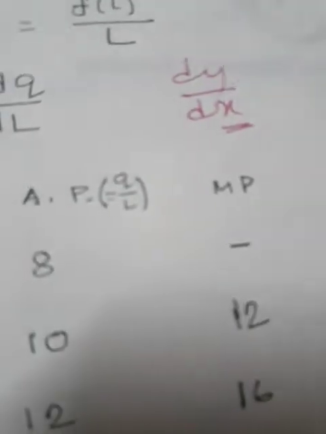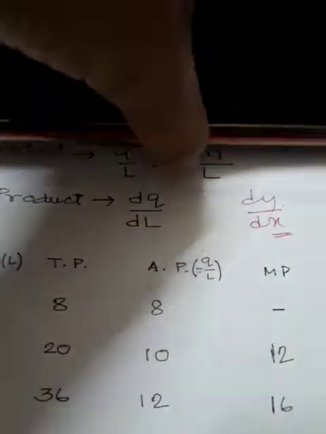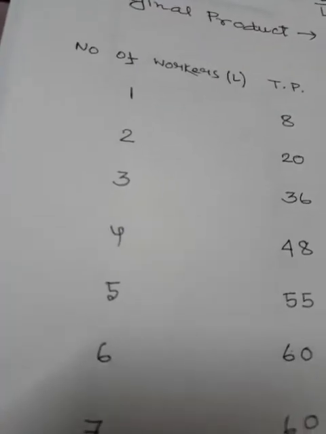Now I will show you a table. This table is very, very important. From this table, we will be able to know all the characteristics of the short-run production function. Suppose there are two columns, workers and total product.